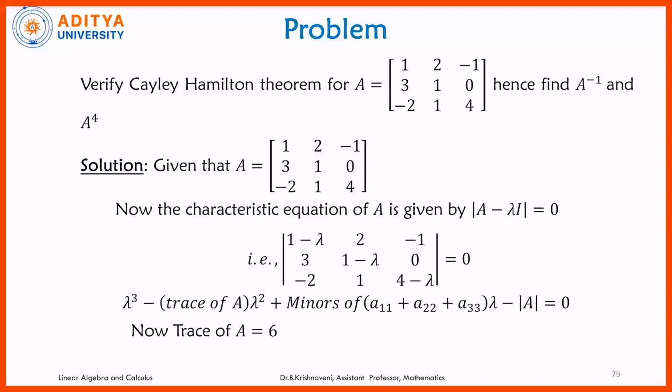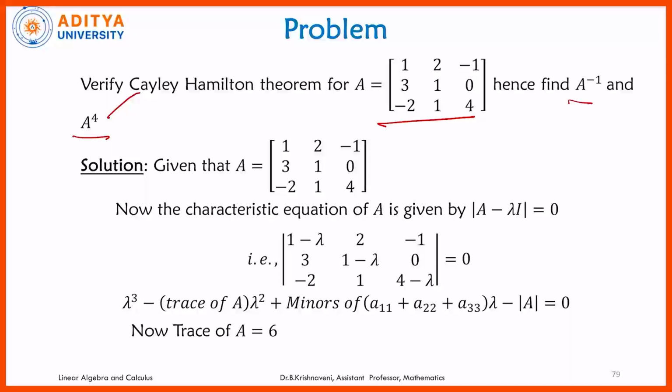The question is: verify the Cayley-Hamilton theorem for A equal to [1, 2, minus 1; 3, 1, 0; minus 2, 1, 4], and hence find A inverse and A power 4. First we need to verify the Cayley-Hamilton theorem, and by using that, we need to find A inverse and A power 4.